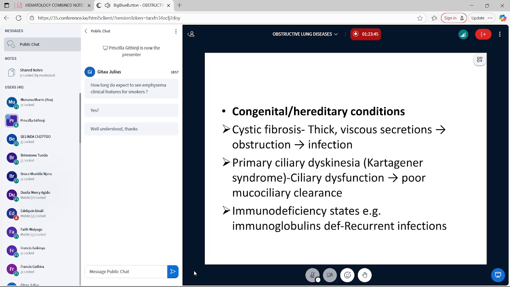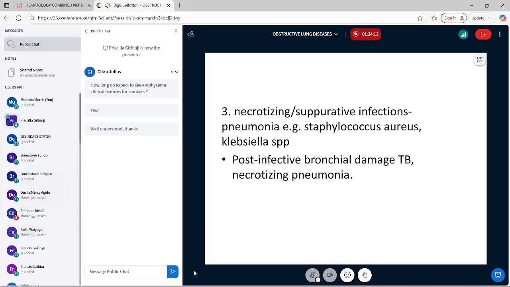Then also immunodeficiency states. Please go back to your semester with us when we took you through general pathology and we talked about immunodeficiency, particularly immunodeficiencies in your adaptive immunity that affect your B cells, so you're not able to produce immunoglobulins. That means you are susceptible to infections, especially infections that affect your pulmonary system. Then the third predisposing condition is necrotizing or suppurative infection.